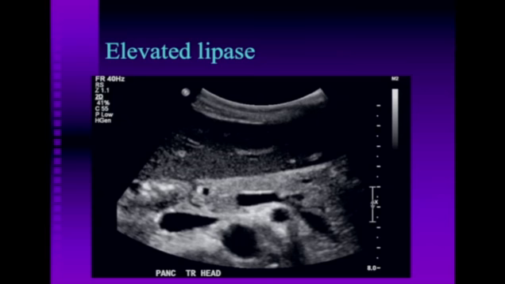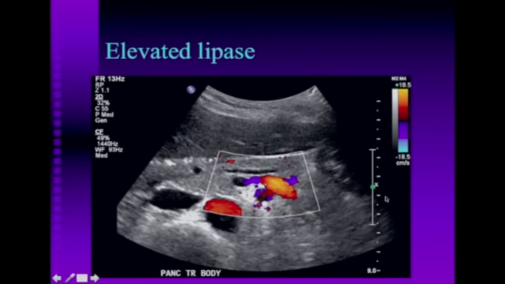Okay, switching again. So this one is a little more focused on the pancreas and still in that non-malignant category that we're discussing. So here we have an example of a pancreas, normal echogenicity. The head is normal size, the neck going all the way to the body. We see a little bit of dilatation of the pancreatic duct here, but nothing very impressive.